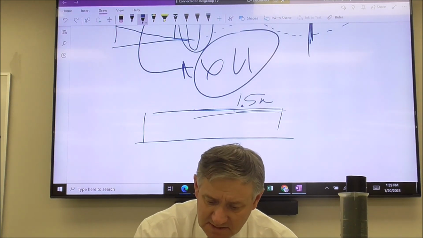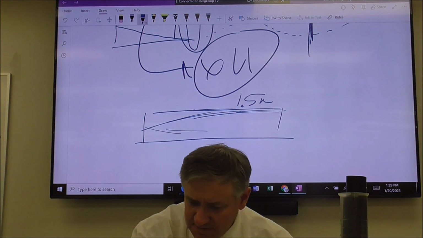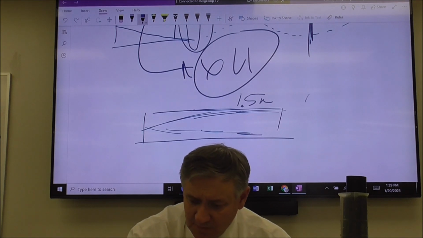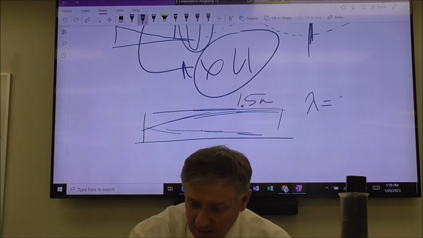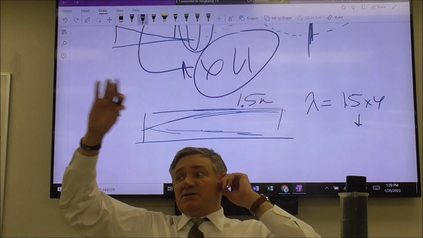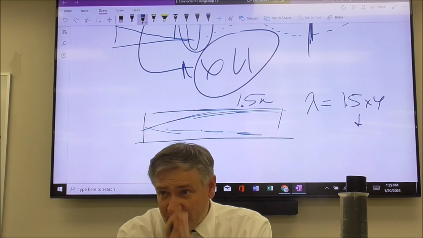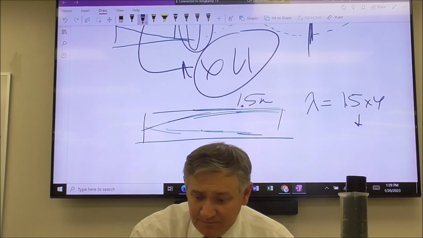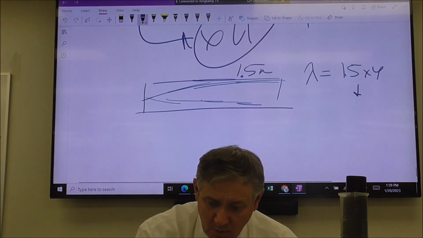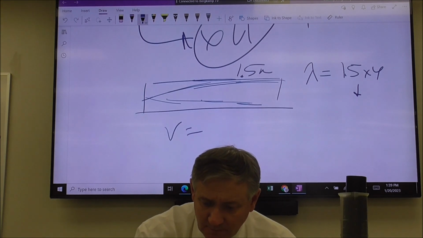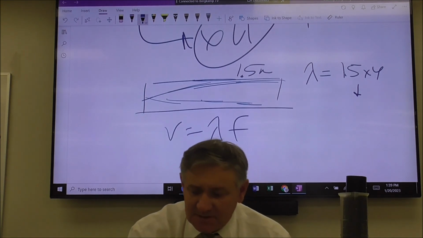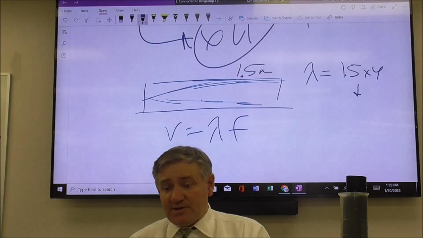Because it's an open-closed system, to get the wavelength of the wave itself, you take 1.5 times 4, and that gets you the entire wavelength. They're trying to find what you call the first fundamental frequency. Any velocity is wavelength times the frequency, and this is what we're going to do today.